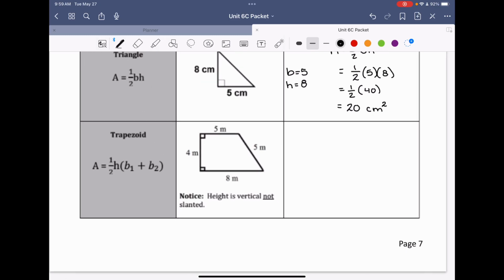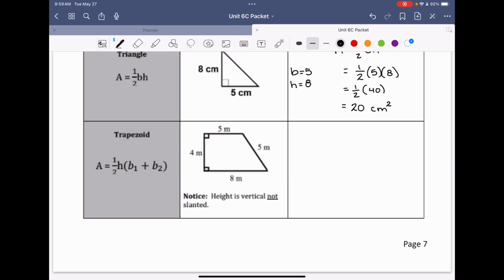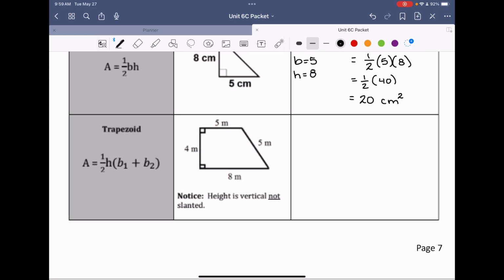And last but not least is my trapezoid, which is probably the most complicated one just because it has multiple different pieces. My area formula for this is 1/2 of the height times the first base plus the second base. So I need to figure out what the height is. And remember, your height is the vertical length, not the slanted height. So that would be 4.